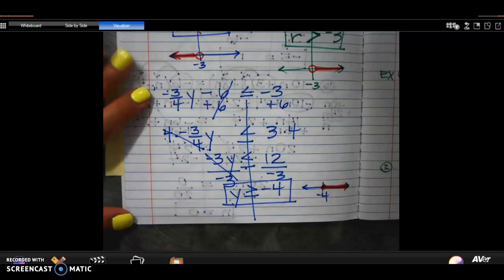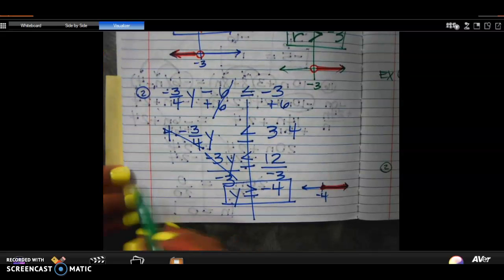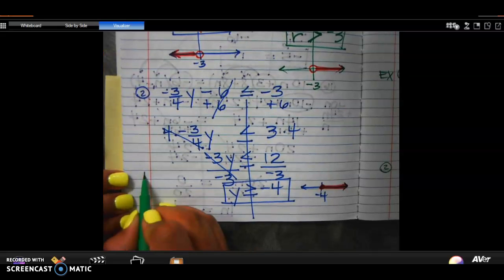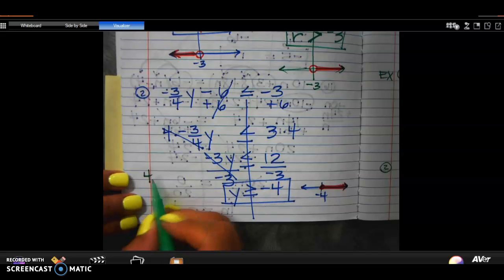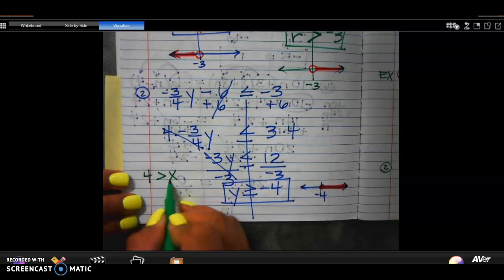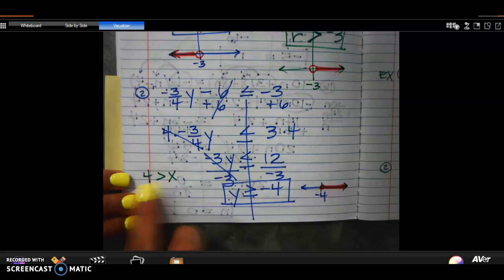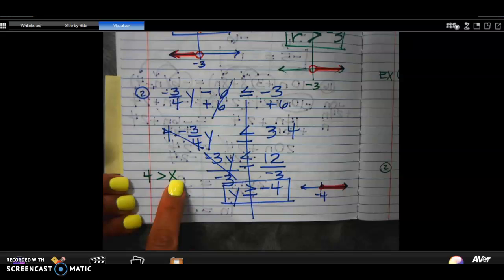Okay, so one more idea. If we rearranged our problem and we ended with 4 greater than x, right? So we are used to seeing the variable on the left side and the number on the right, okay? Because it's easier for us to read and understand.